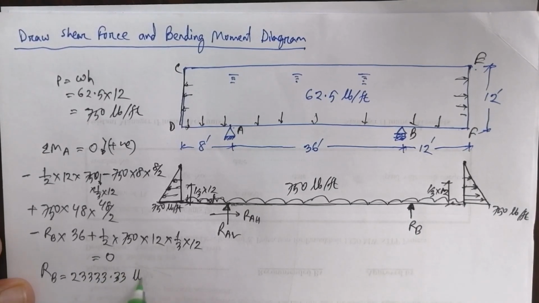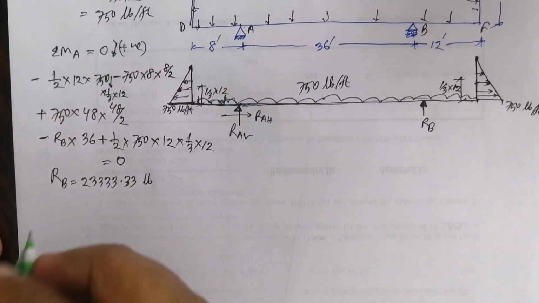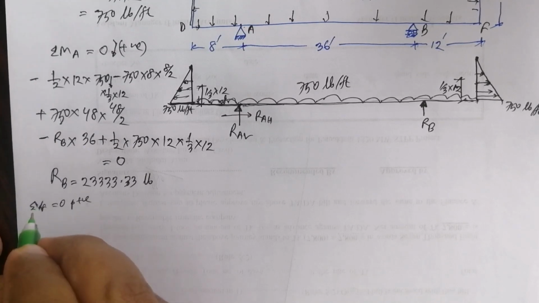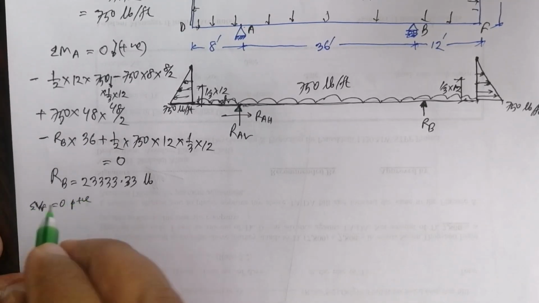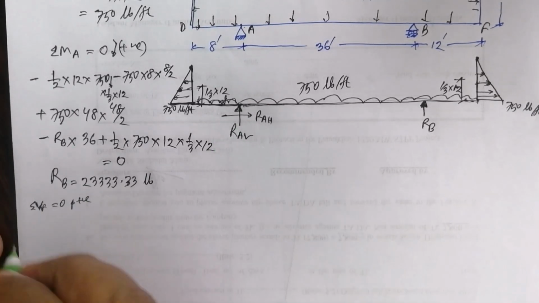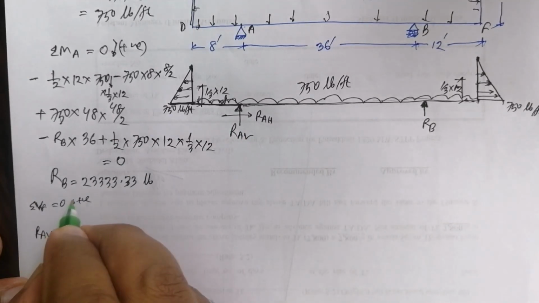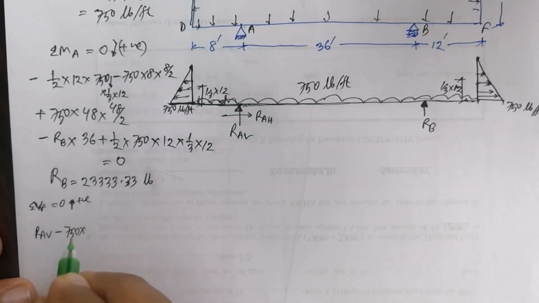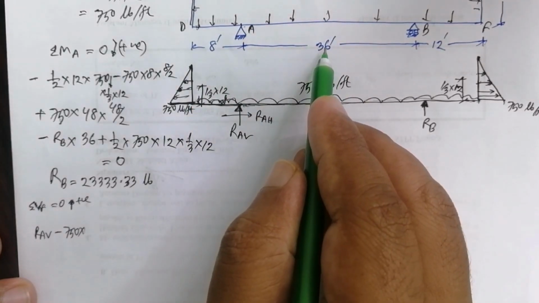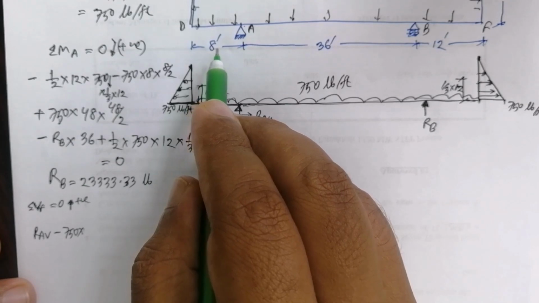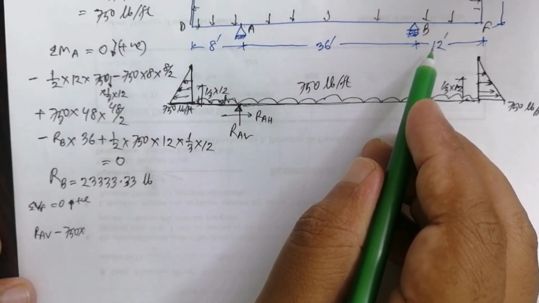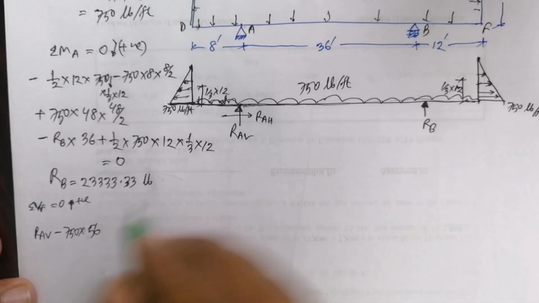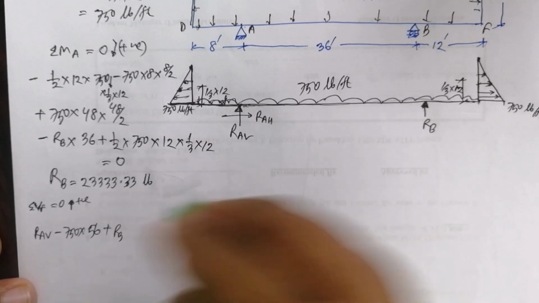RB here we get 233.33 pounds. Now if we consider the summation of vertical force equal to 0, upward positive, we take RAV upward positive, and the whole distributed load negative: 750 into 8, 36, 44, and 44 and 12, 56, positive, plus RB is also vertical, equal to 0.